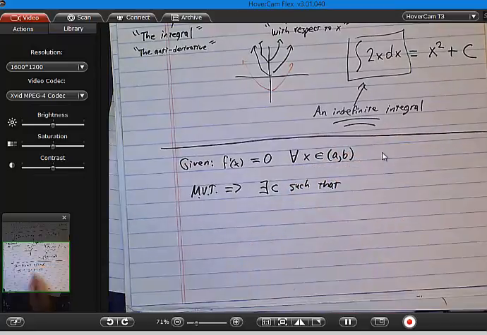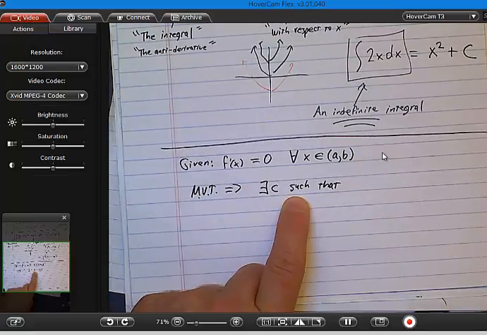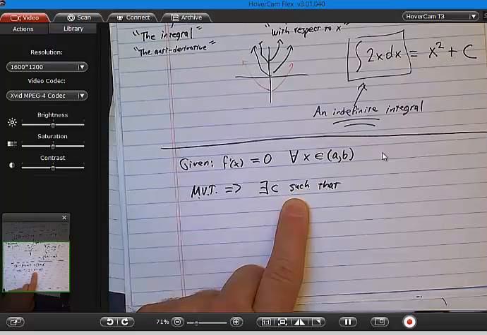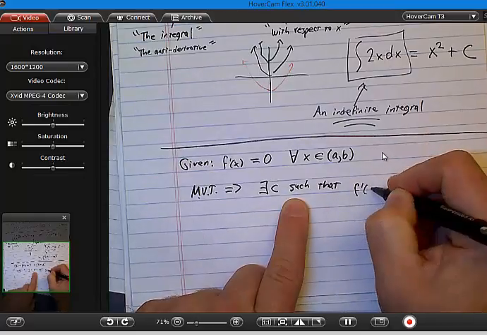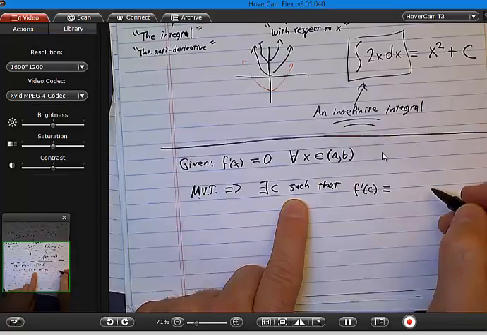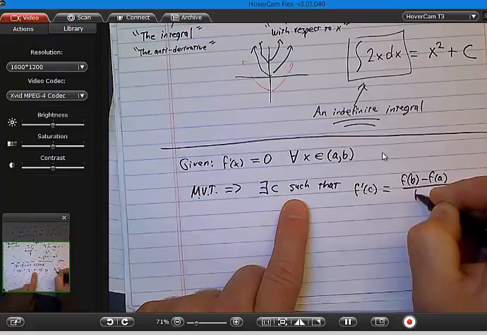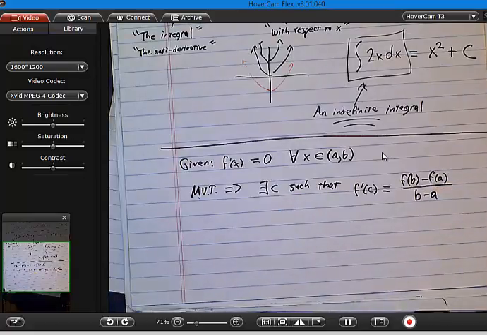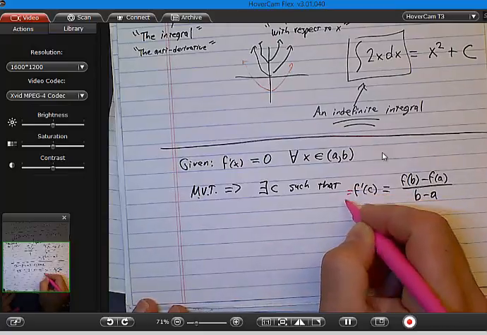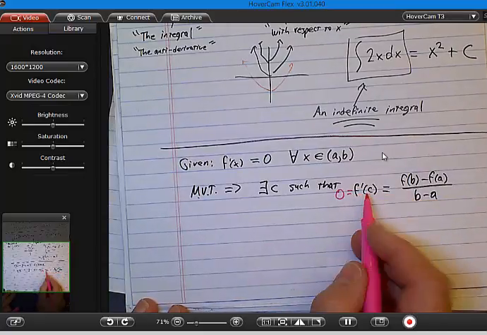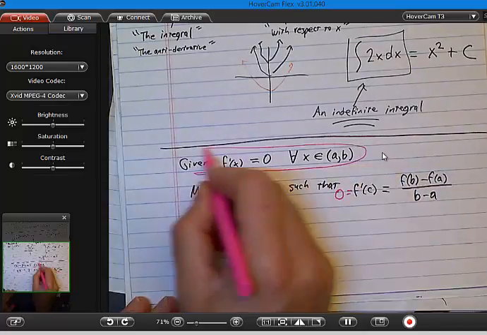You guys learned that theorem. What did the mean value theorem say? You guys did the homework, right? f prime of c, that's right, is equal to f of b minus f of a over b minus a. But wait a minute. We just said that f prime of c is equal to what? 0 everywhere. That was the given. Right?